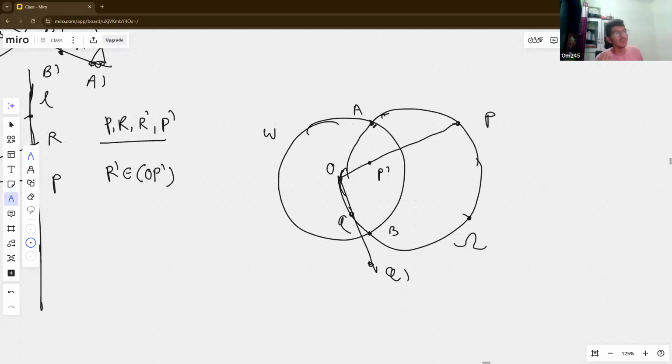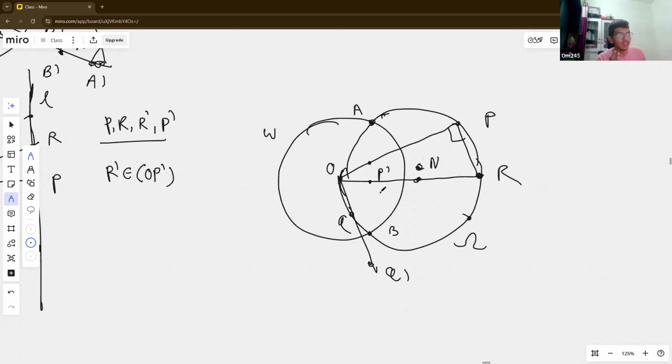So A will go to A and B will go to B, basically. These 2 points get fixed. Now suppose you consider this antipode. The center is N and some point R here. Then any point on this circle will make a 90-degree angle with this.